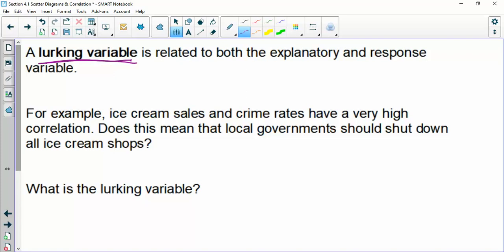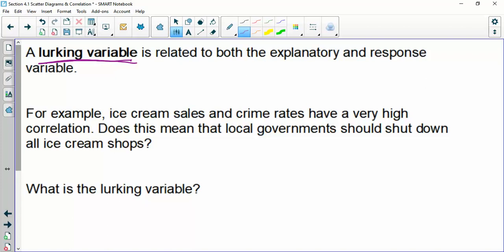So for example, ice cream sales and crime rates have a very high correlation. Does this mean that local governments should shut down all ice cream shops? I think we could all rationally say no, but why would those have a high correlation? Like when ice cream sales go up, so do crime rates. Why would that even make sense? More money.